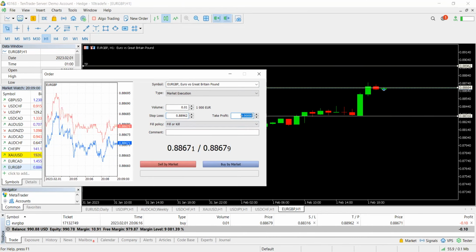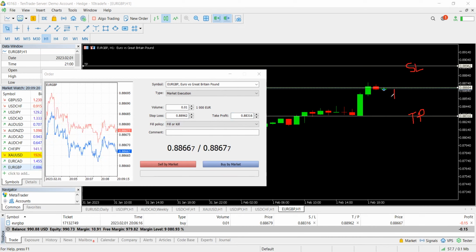And then for take profit, 0.88316. So now for a sell scenario, because I want price to go down, this will be my take profit, and then this will be my stop loss at the top, since I'm trying to sell. Okay, good.